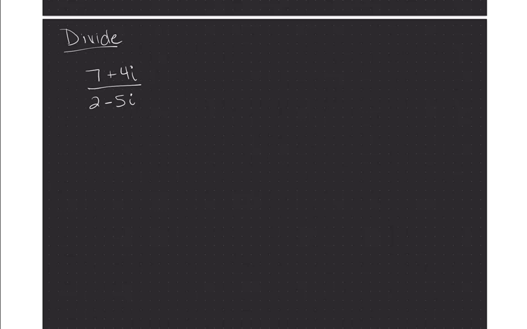Technically, that i right there is a square root. It's the square root of negative 1. So we have a square root in our denominator, and we cannot have that. We've got to figure out how to get rid of that square root in the bottom.